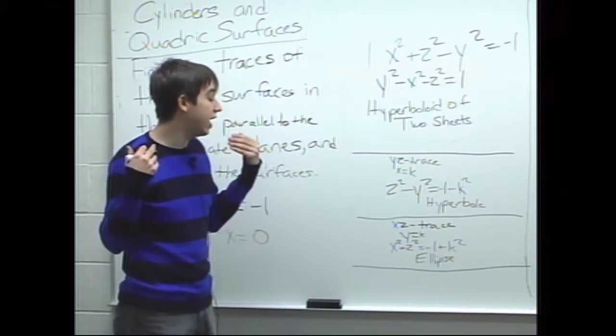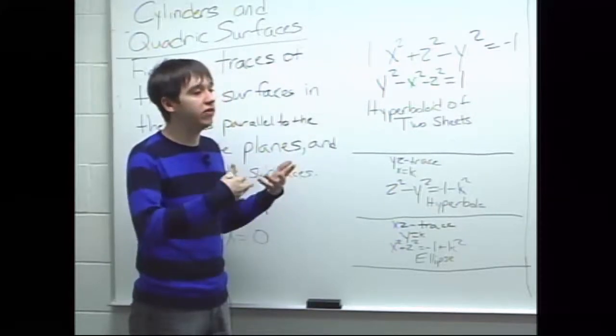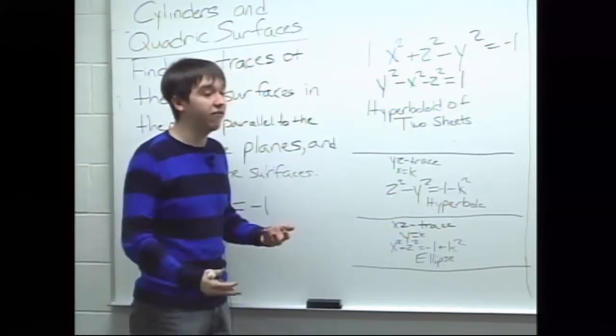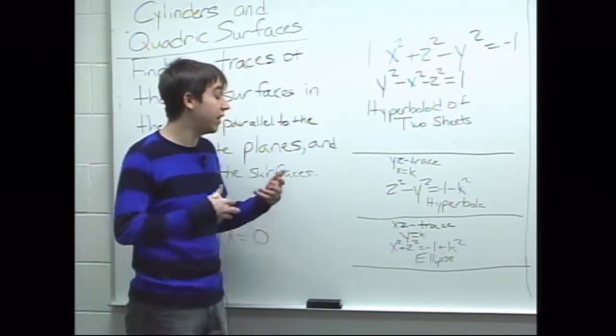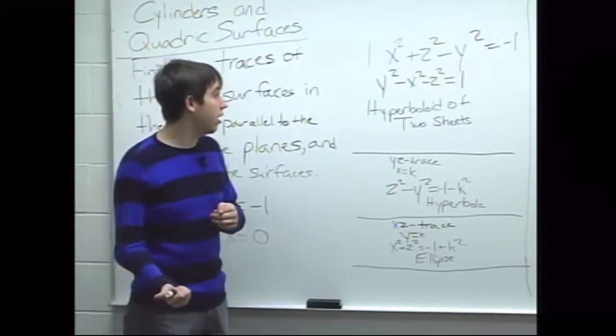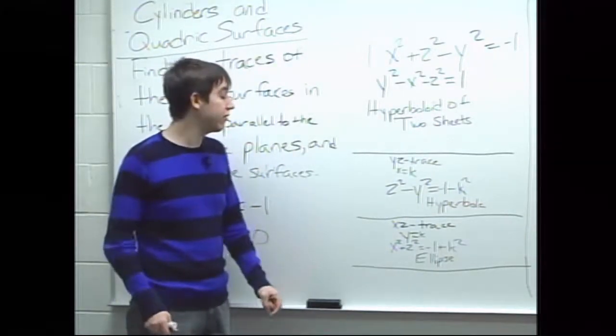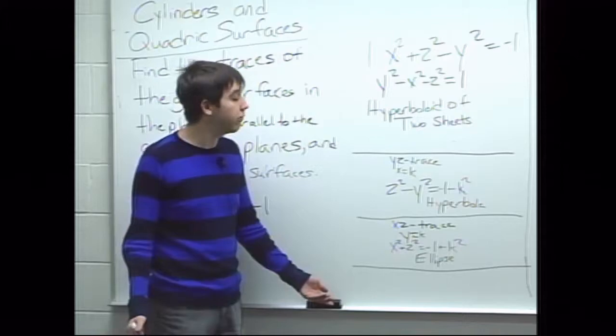If one of your traces is an ellipse and it is defined for k equals 0, then you have a hyperboloid of one sheet. And the last case, where you have a cone, is when this ellipse trace is x squared plus z squared equals k squared.